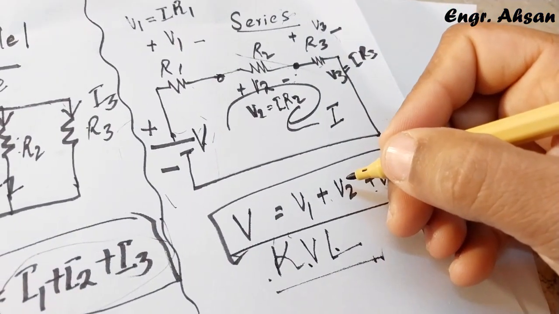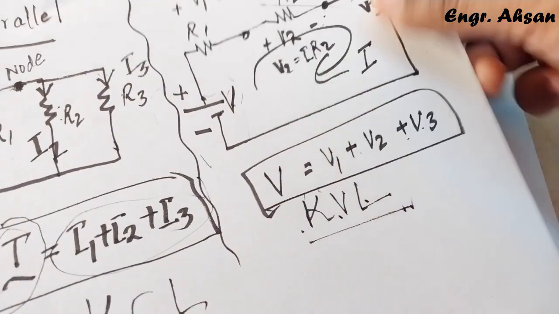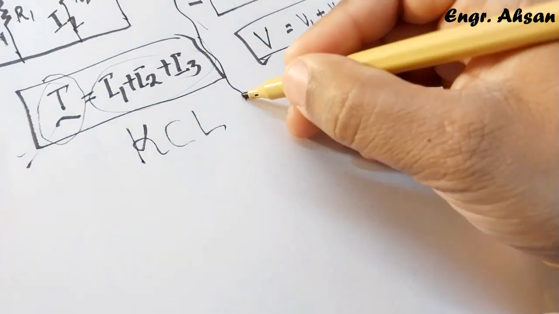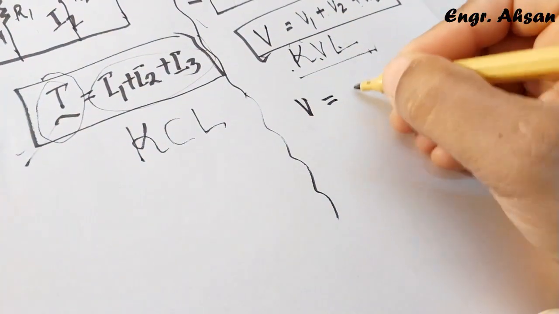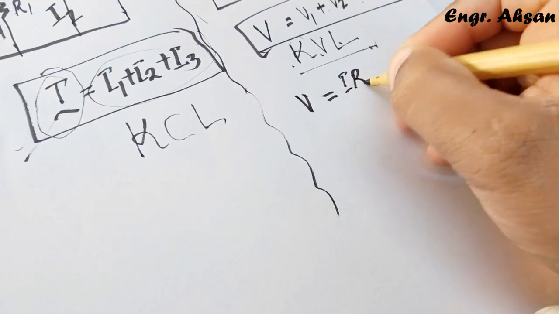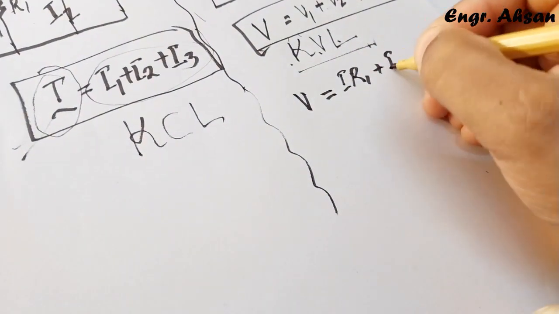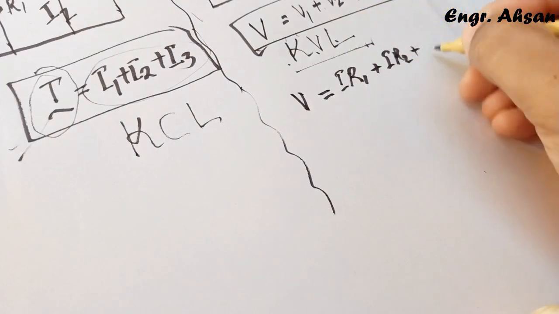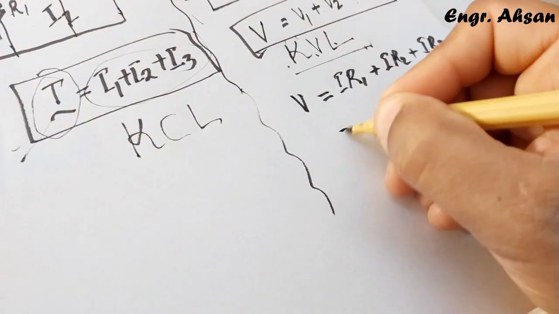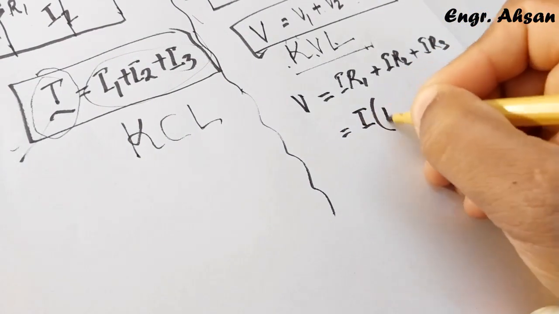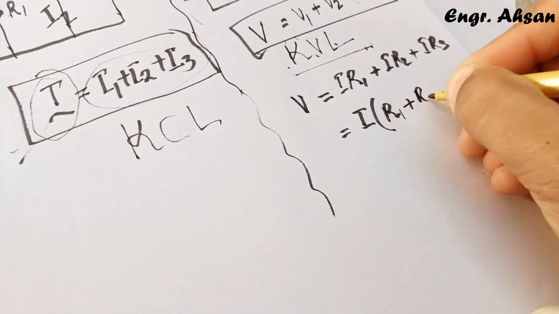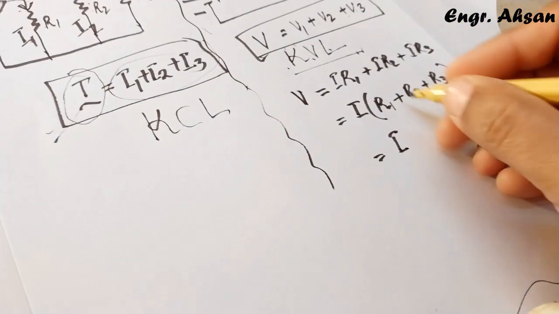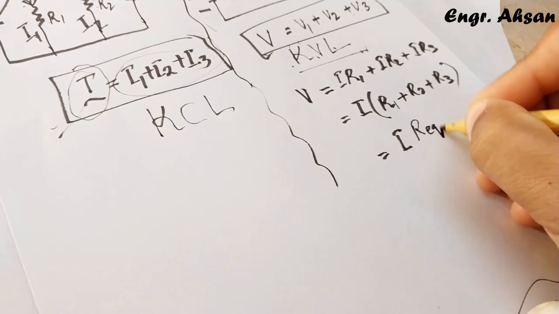All right, so just do one thing. Let's apply KVL. V1 is equal to IR1, V2 is equal to IR2, and V3 is equal to IR3. So this I is common, so let's take it common, and then R1 plus R2 plus R3. This is the equivalent resistance.